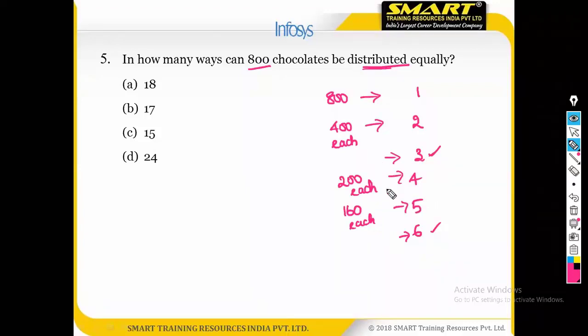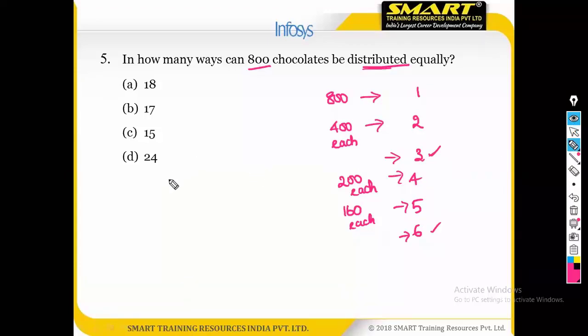Actually, what do we have to find? For this question, what do I need to find? If I find that, then I'll get the number of ways. Very good, Ajay. Yes, it is the number of factors.